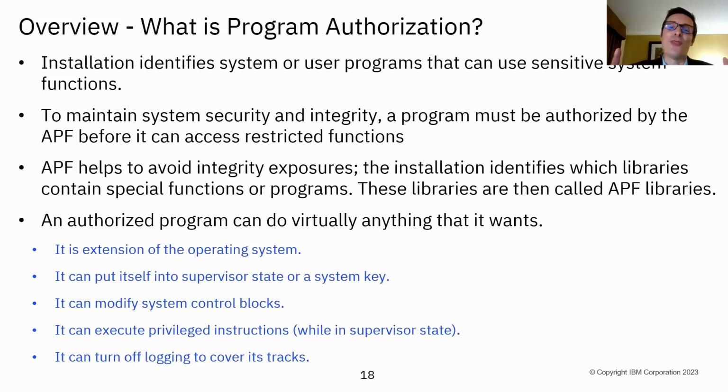So obviously, with this amount of authority, we need to make sure that this is running as an extension of the operating system. Now, that's not enough. Just because you're in the authorized program facility, your application is in a data set that is in the APF list, that is not good enough, but it is a first requirement in order to even consider being able to allow the application to do the function it's trying to do.